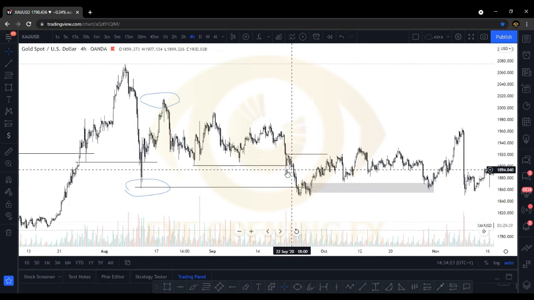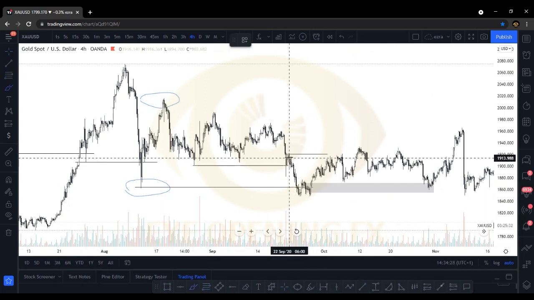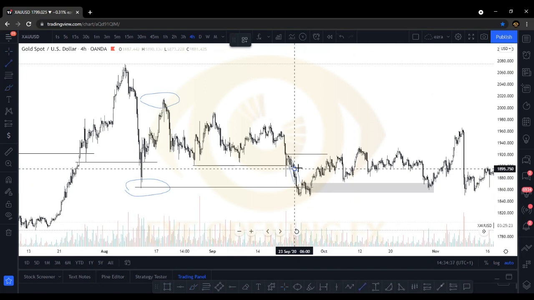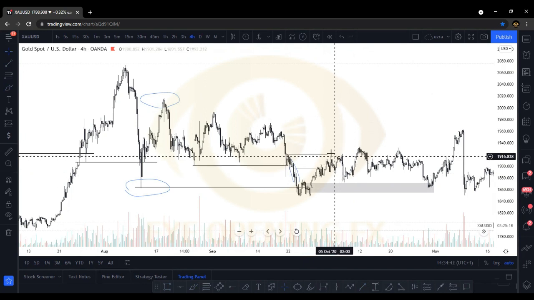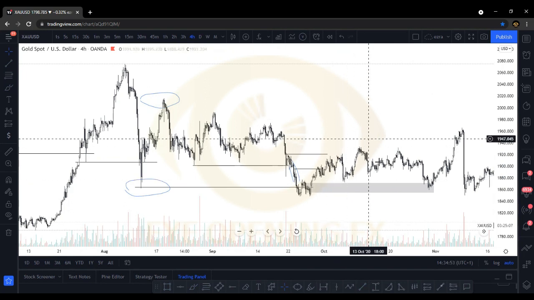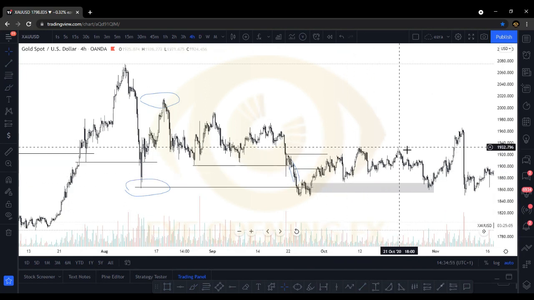Within this little sell here, there's still structure within it on lower time frame: lower low, lower low, lower high, lower low, lower high. Where the market gave that first BMS, you see how the market raided this high, or it created a little equal high. It raided it, came to take that very low before creating a higher high, then a higher low, a higher high, a higher low.